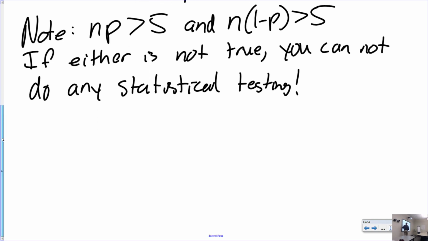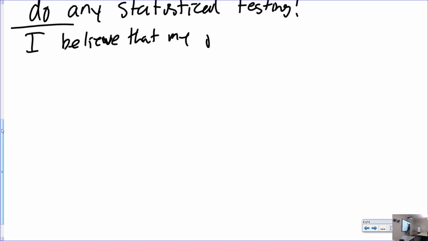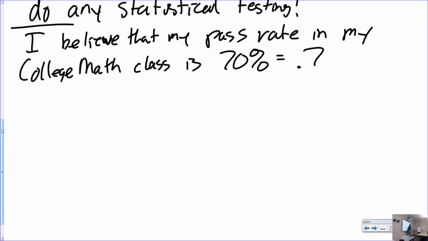All right, so shall we do one? Let's make one up. Let's suppose I believe that my pass rate in my college math class is 70%.